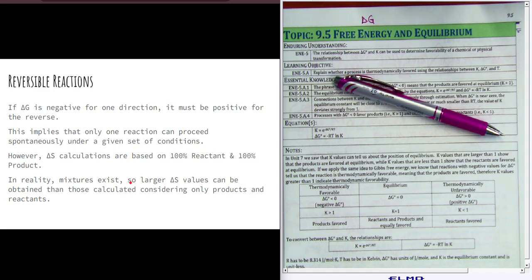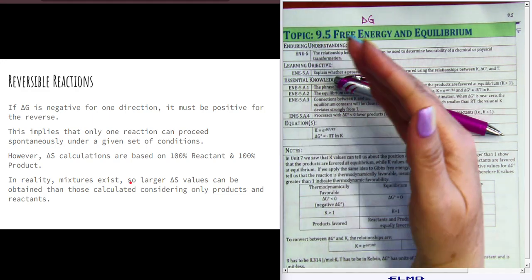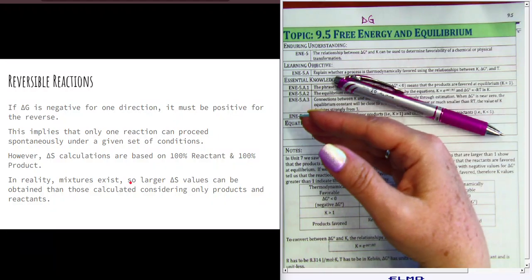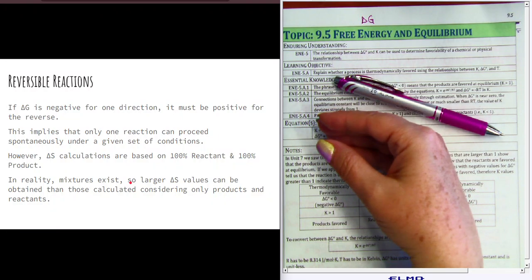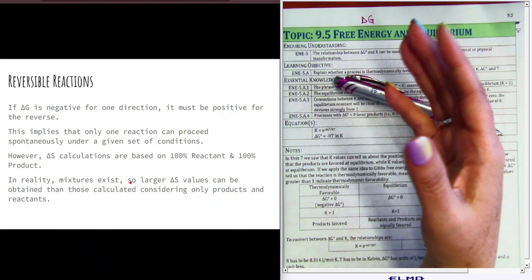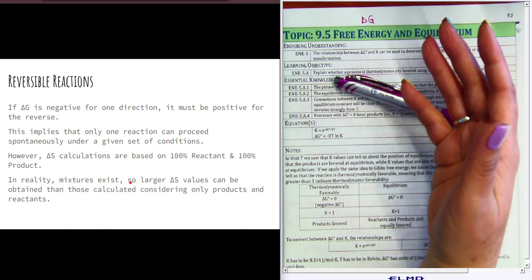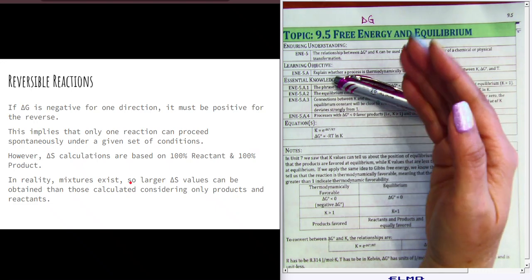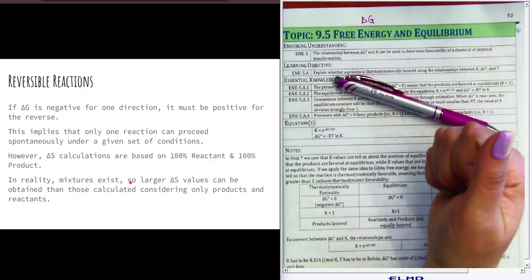Larger delta S values can be obtained than those that you actually calculate. So when you calculate it, it's going to come out a little bit less than what it actually is in reality, because we very rarely have 100%.